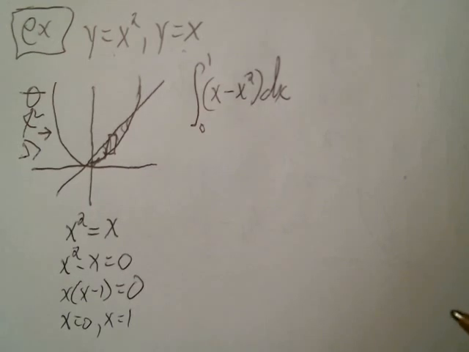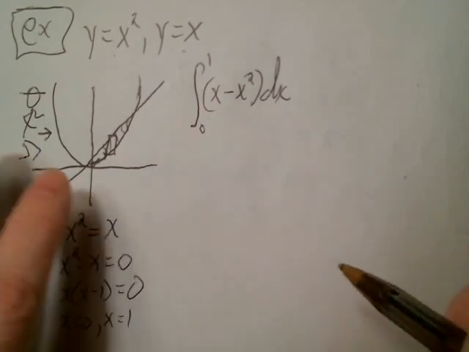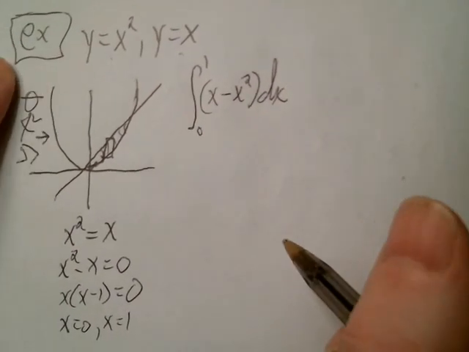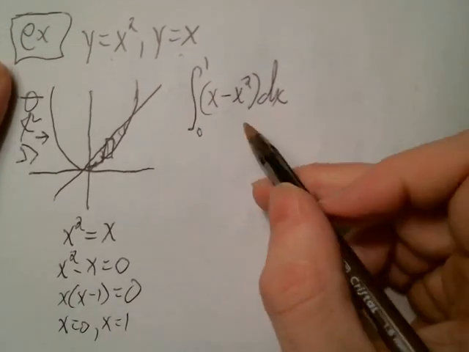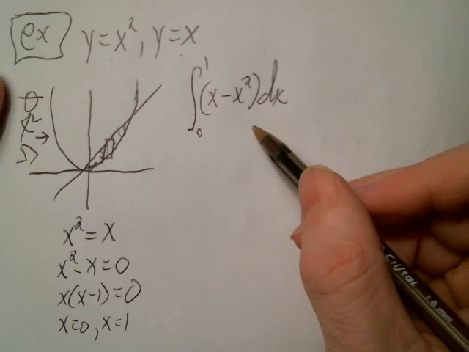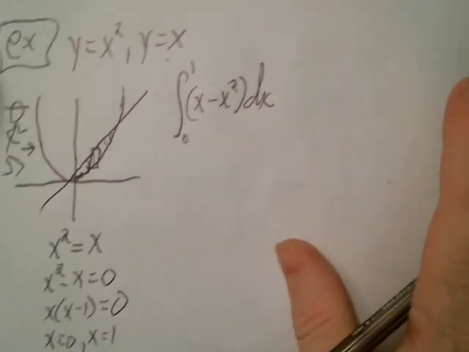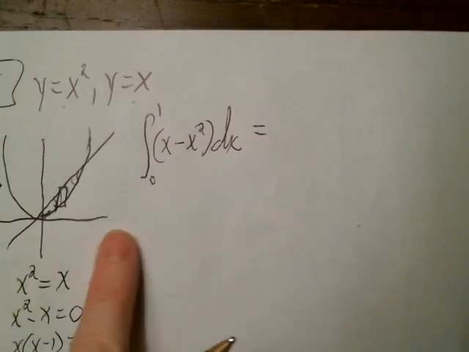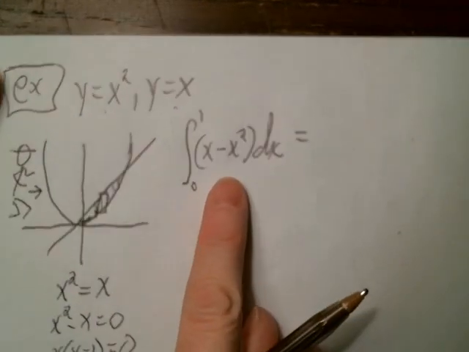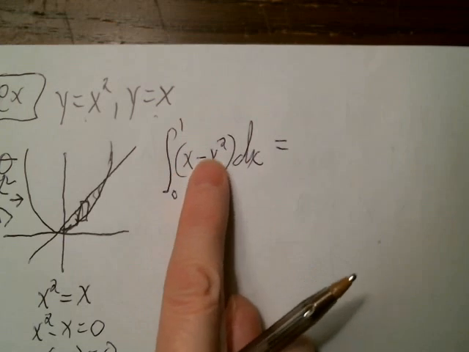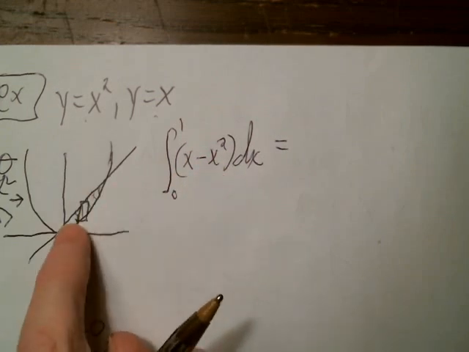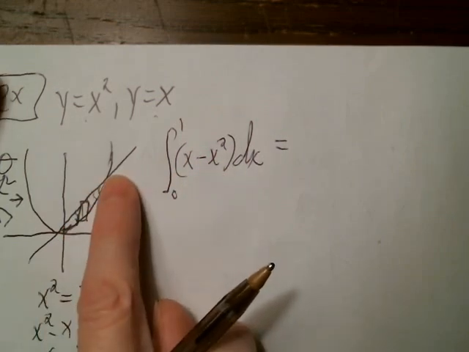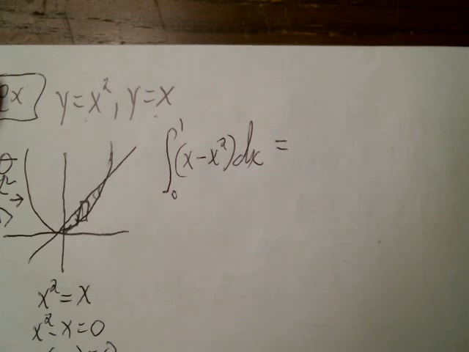Okay, so anyways, we need to then rewrite this as an iterated integral. So how do I do that? Well, if you think of this as going from point to point on the x-axis, we can re-envision this as going from a curve to a curve. And everything in that case would be in terms of y.